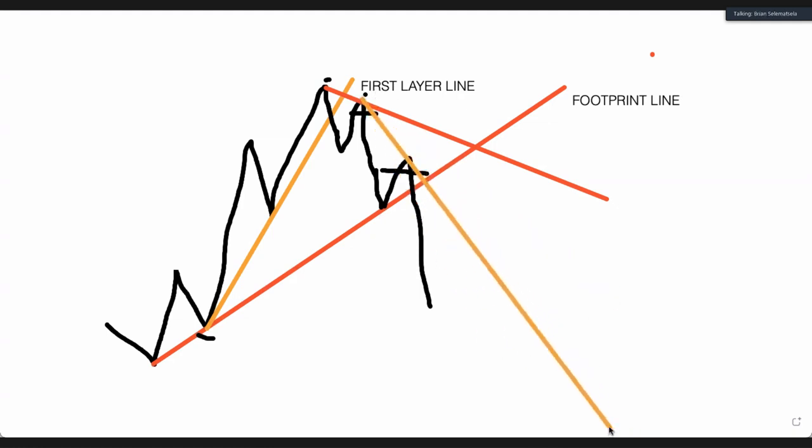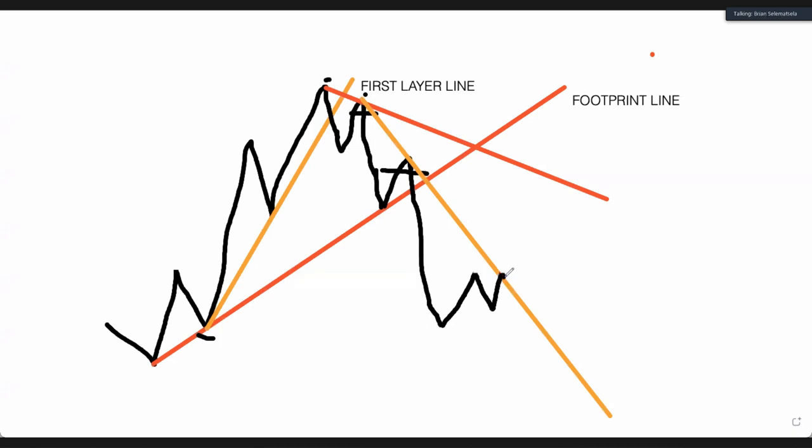Then after that, you draw your first layer. Then now it will just be the matter of waiting for the market to come and break that first layer.